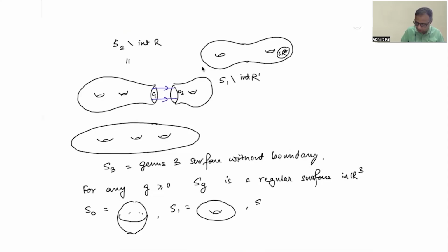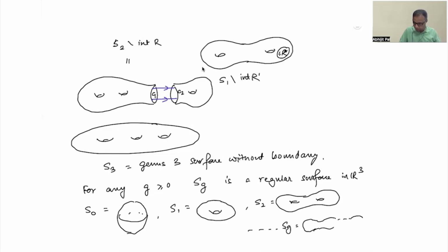S2 is this genus 2 surface, and you continue like this. So Sg is my genus g surface. All these are regular surfaces in R3. So I'll stop here.